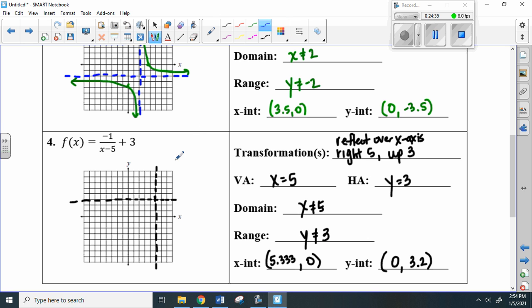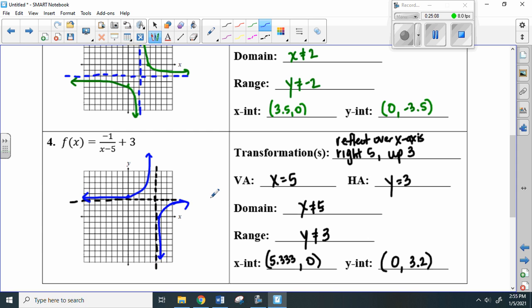All right, so that intercept is right above it, which makes sense since the curve for that piece of the graph is there. And then let's see, 1, 2, 3, 4, 5.333 is just a little bit to the right of this asymptote, and that makes sense since the graph should be on the right of that asymptote.